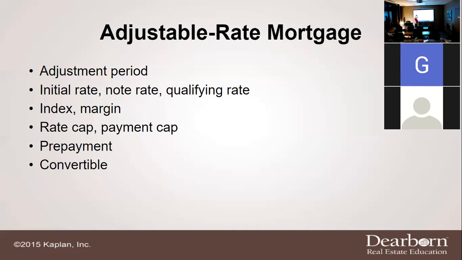Now, there is oftentimes in ARMs a prepayment penalty. And why do you think that they put it in an ARM? Well, here's the reason. They don't want Mr. Stephan back there to make payments of $750 for 2 years and then pay off the loan.